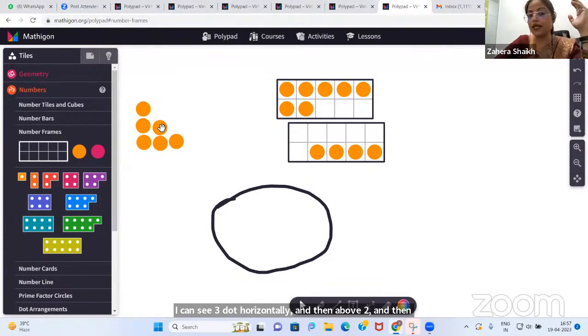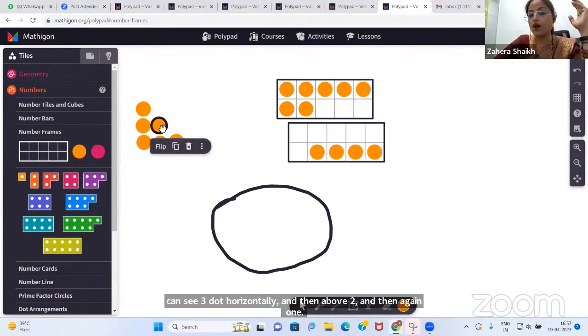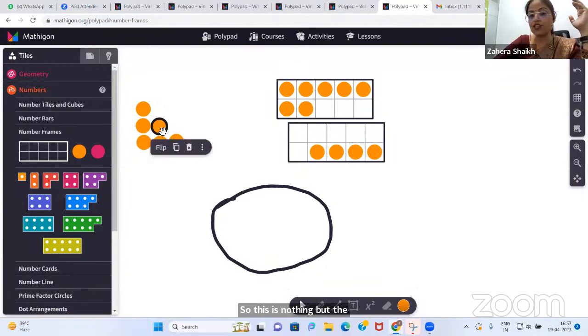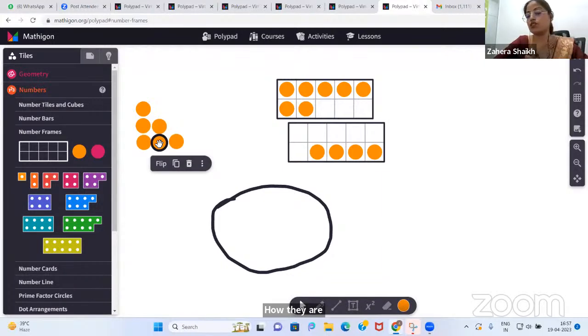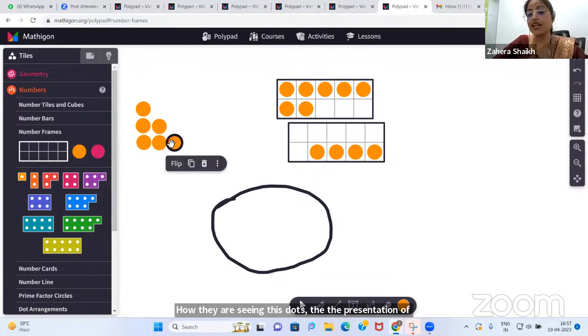This is nothing but the visualization of the child, how they are seeing the presentation of these dots. Another child can say, I can visualize only 4 dots as I see on any dice, and 1 extra at the bottom and 1 extra on the top.